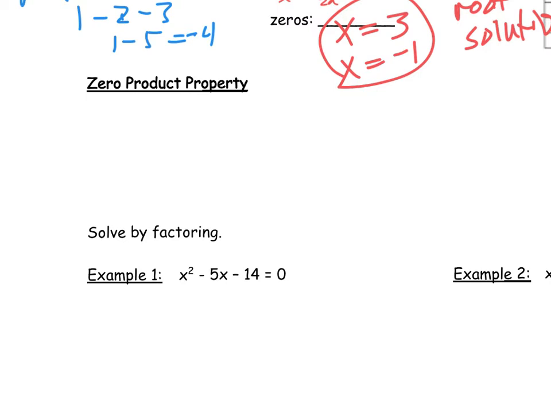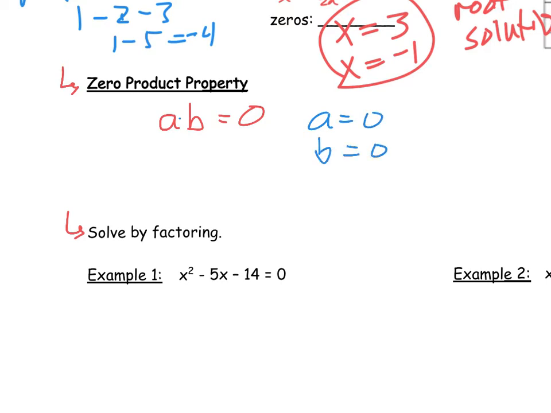Okay, so you can see we're going to solve by factoring down here, but before we do that, we have to talk about the zero product property. Whenever you multiply two things, like a times b, and set it equal to 0, that means one of two things: either a has to equal 0 or b has to equal 0.